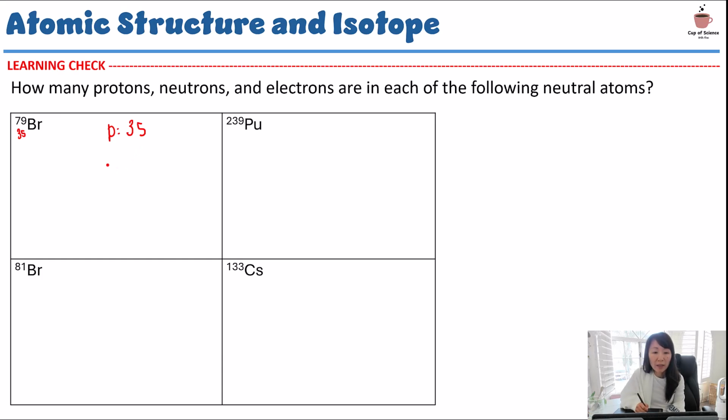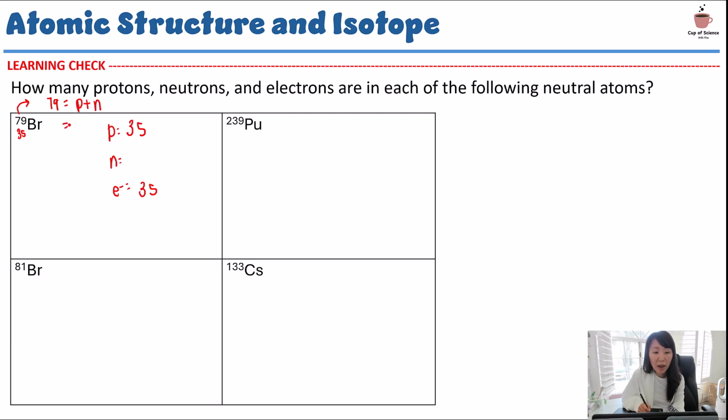What about electrons? This is a neutral atom, so the number is the same as the protons since it has no charge. What about neutrons? We can get that from looking at this number. That number, 79, is the mass number, and it adds both protons plus neutrons.